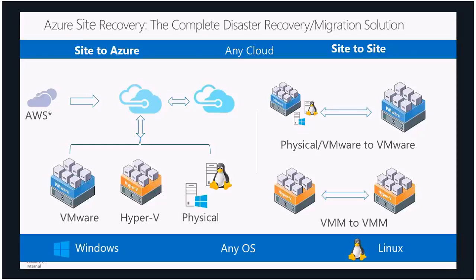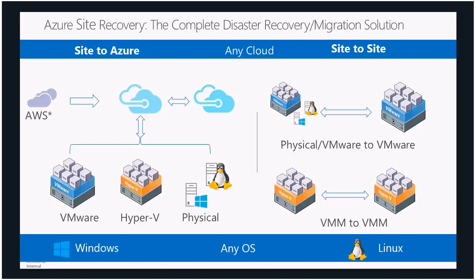So maybe you have some stuff that's running in Google Cloud or AWS. You can actually protect those systems in Azure Site Recovery, or use Azure Site Recovery to migrate a workload running in AWS to Azure. So it's not just directly tied to Azure itself or your own data center. Other cloud providers can be protected as well, as a DR failover or migration scenario.